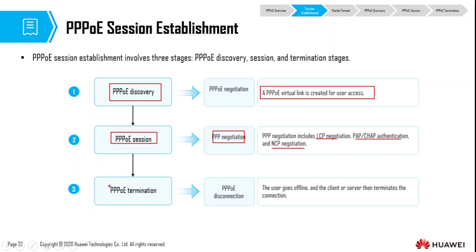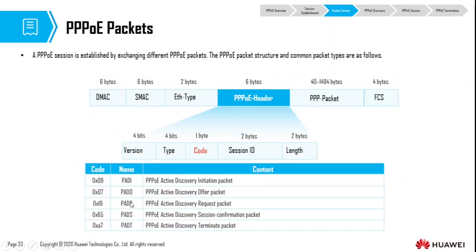Lastly, we have the termination. So: discovery, session, and termination. Termination is when the user goes offline and the client or the server then terminates the connection. So those are the three stages of PPPoE.